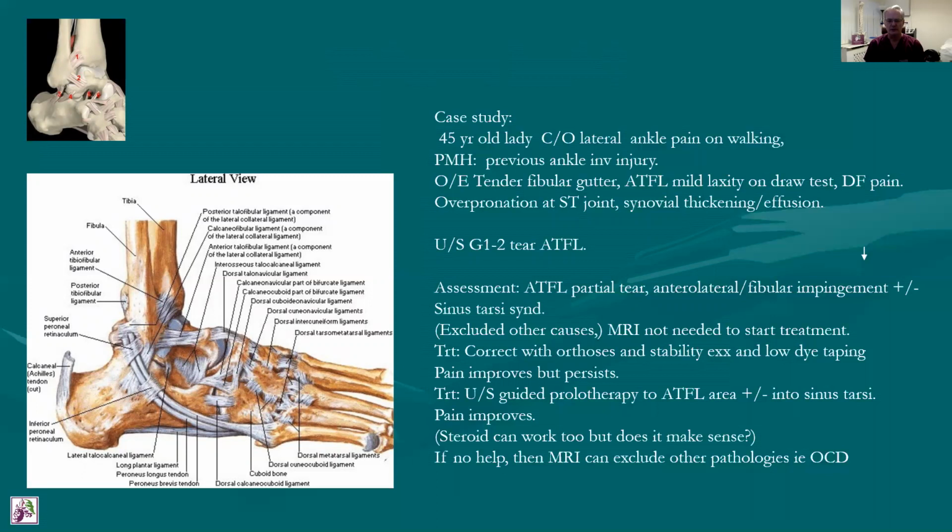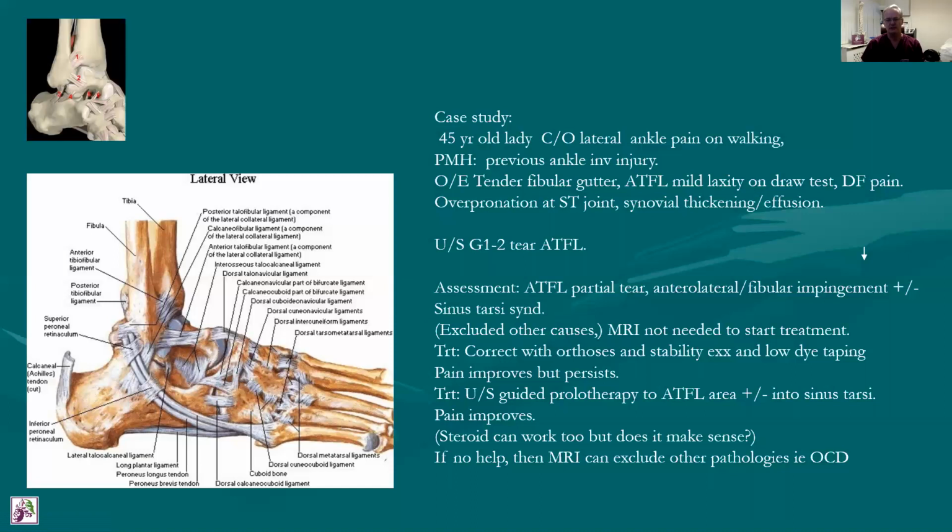This may also be an indication of sinus tarsi syndrome, which is some disruption of the ligaments within the sinus tarsi that you can see here, and is often differentially diagnosed based on the site of tenderness, whether it's over the sinus tarsi or actually up against the border of the fibula.